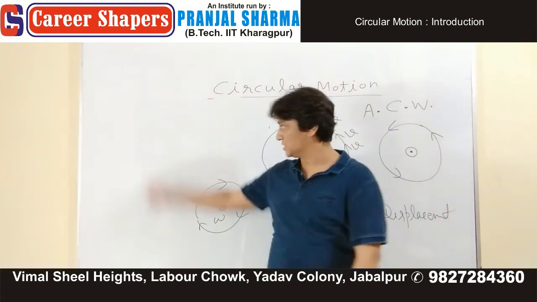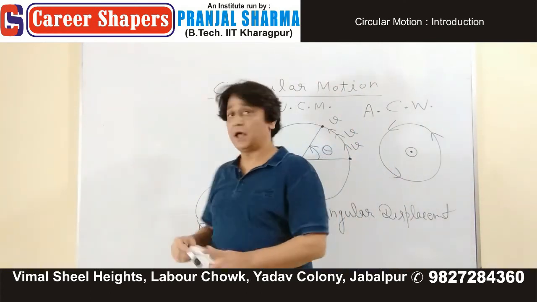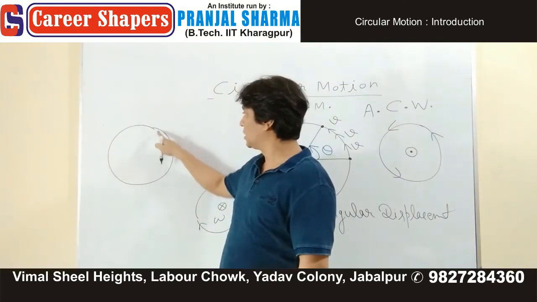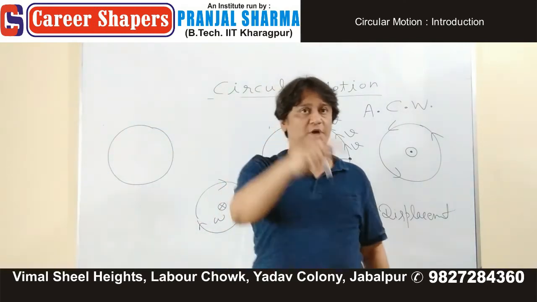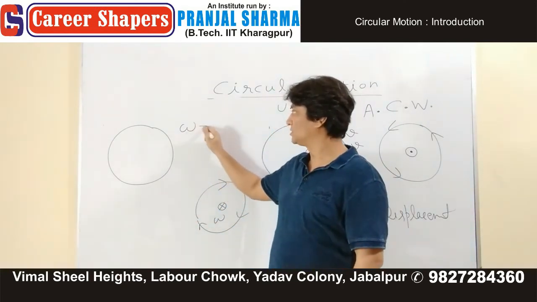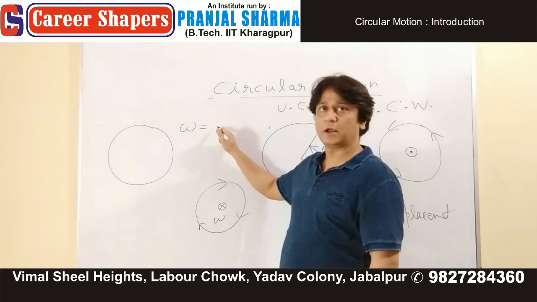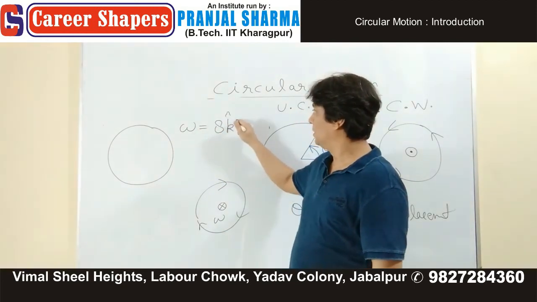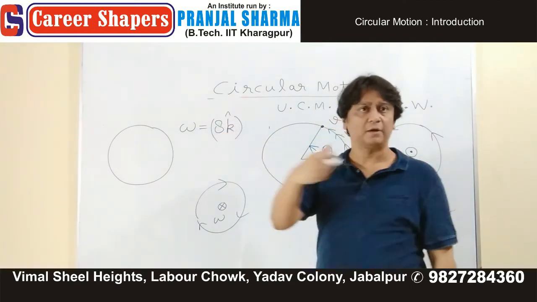What I am saying is this. I'll ask you this. An object is moving in a circular path with angular velocity 8 k cap. And I forgot to mention the unit.